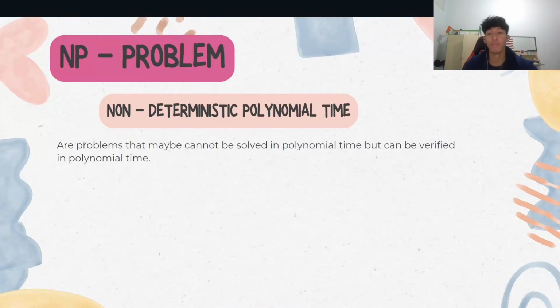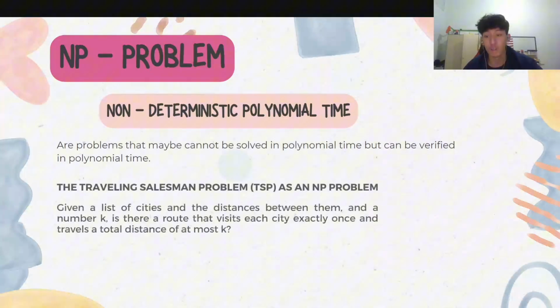And for NP problems, what are the NP problems? NP problems are the non-deterministic polynomial time problems. These are problems that maybe cannot be solved in polynomial time but can be verified in polynomial time. An example is the traveling salesman problem, or TSP, as an NP problem.